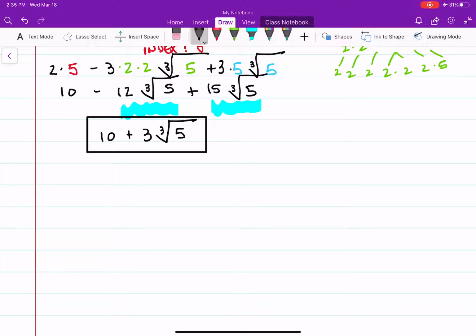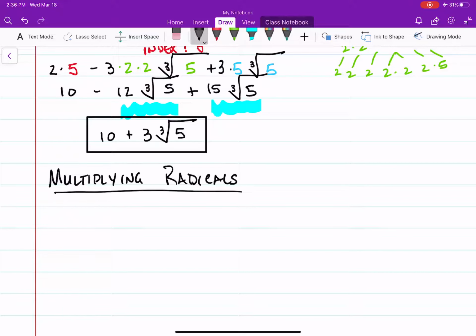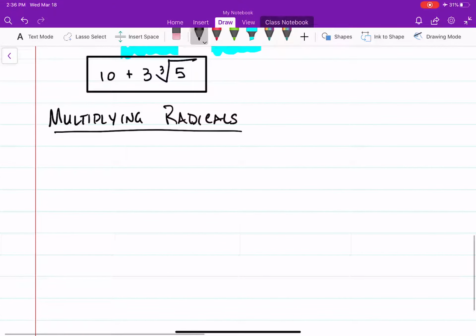So now I'm ready to talk about multiplying. Okay, so multiplying, we're doing the same thing as polynomials. The only difference is that we might be able to reduce these down the road.